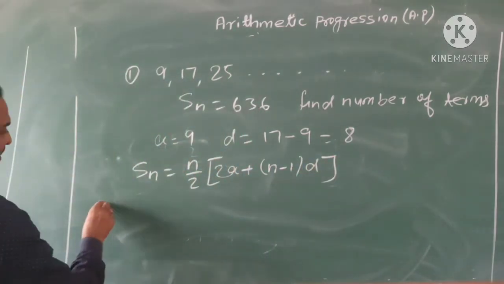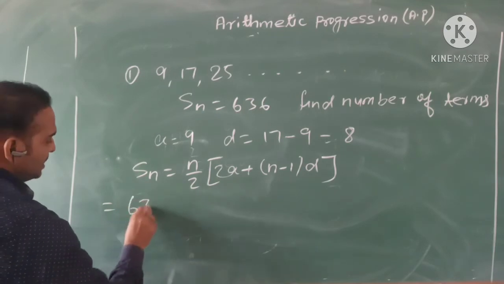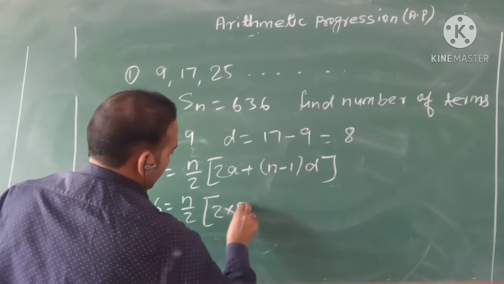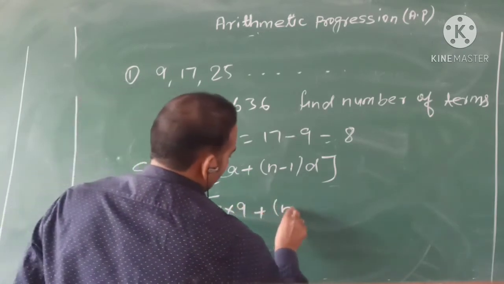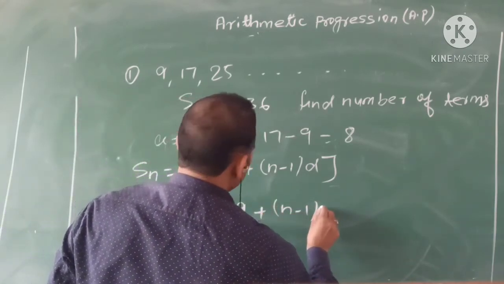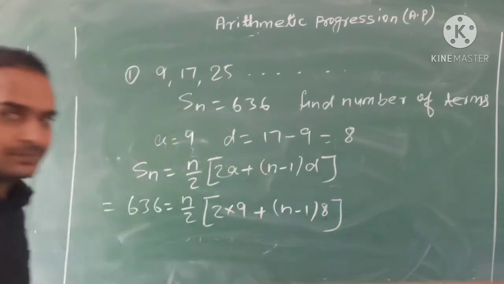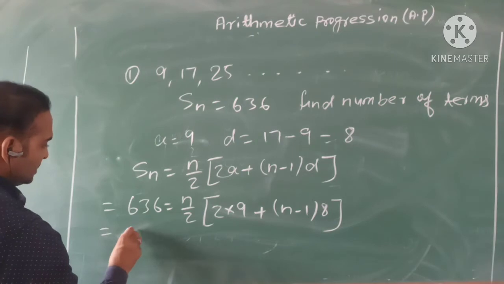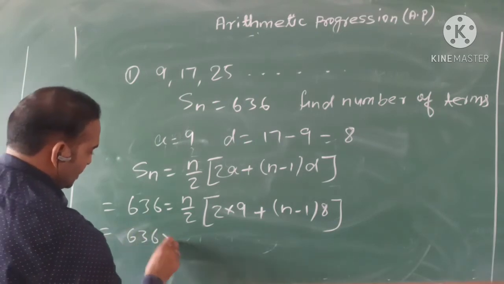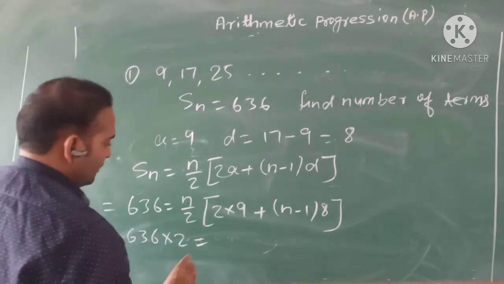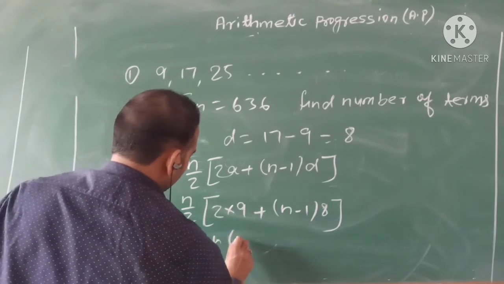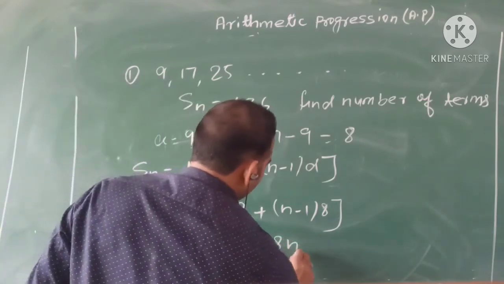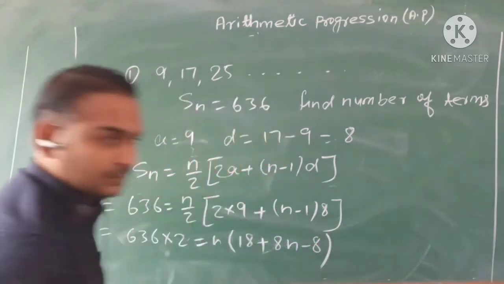Write whatever is given: Sn is 636, so 636 into 2 is equal to n times (18 plus 8n minus 8).